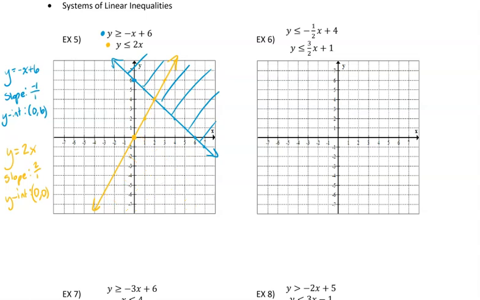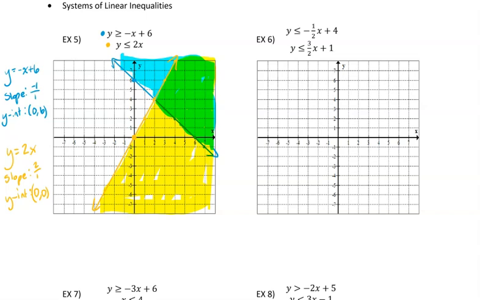With that said though, I'm going to go ahead and put back my highlighter, and either way, just make sure that you make your final answer nice and noticeable. So I'm going to shade in that region even darker, just so we can really tell what the final answer is.